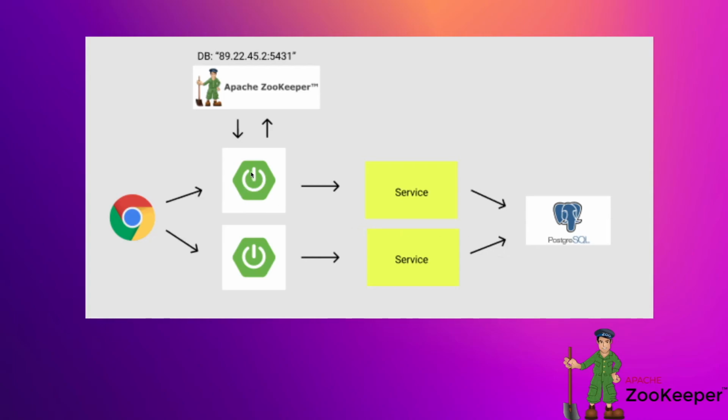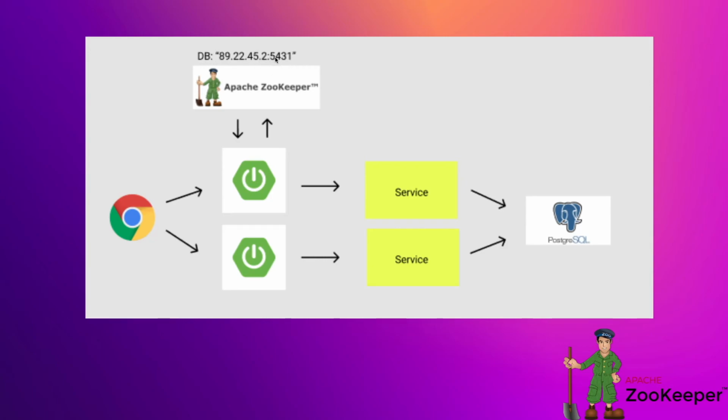But the main thing is the Spring Boot application has access to ZooKeeper, and it knows that the database we need to make those updates to is this database. It's the IP address 89.22.45.2, and it runs on port 5431.